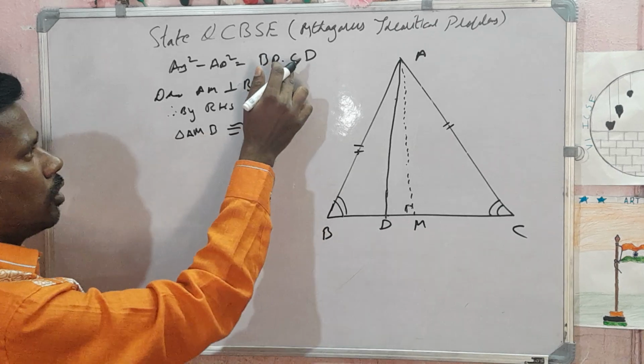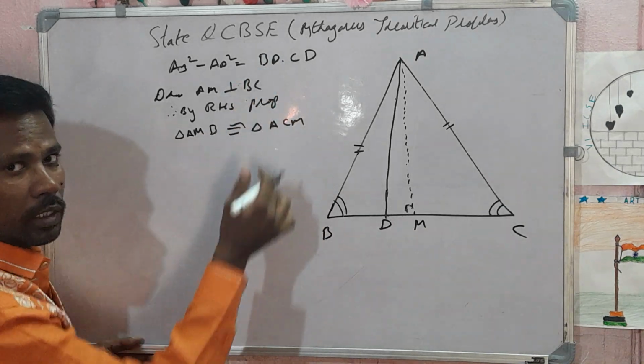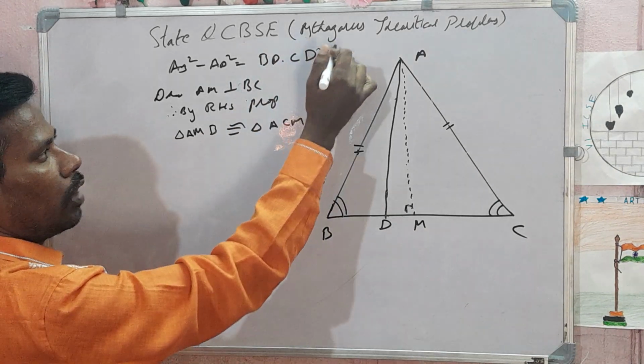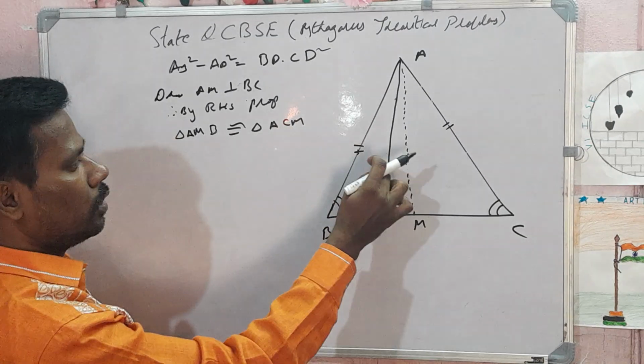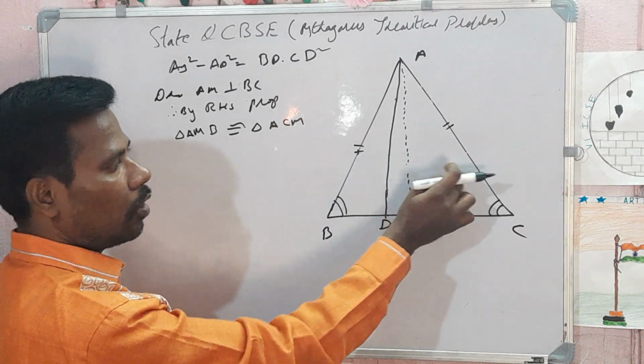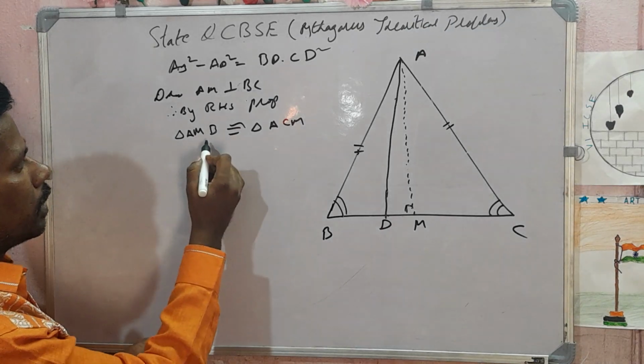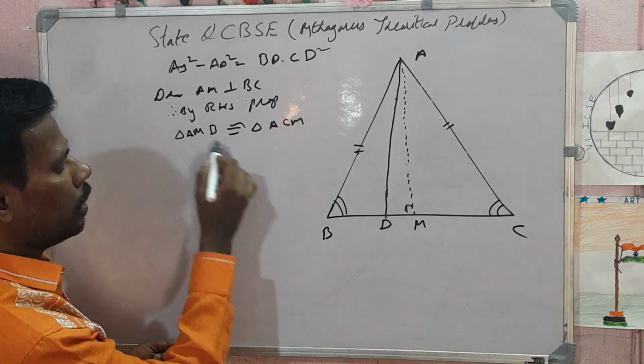First, in order to prove this, you have to do it like this. Then only you can arrive at this conclusion. Otherwise, it is impossible. I want to prove that these two triangles are congruent. See whether the letters are coinciding.